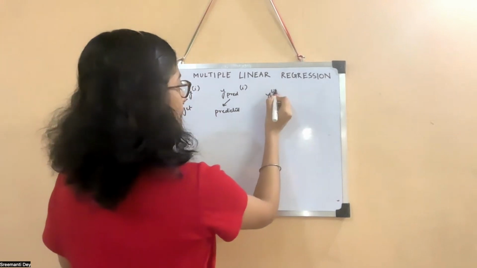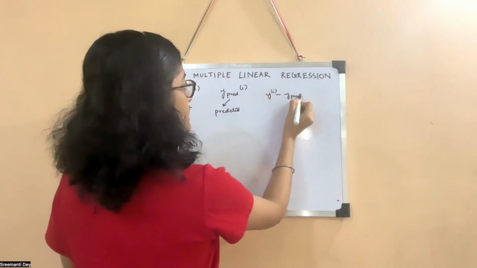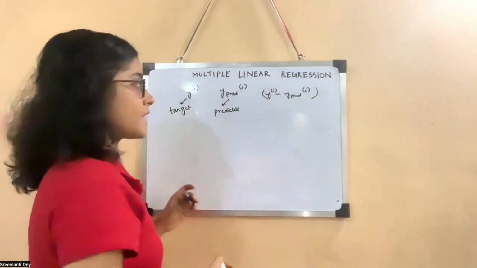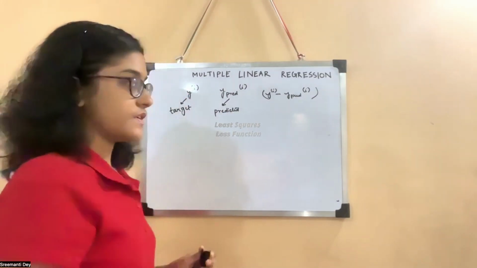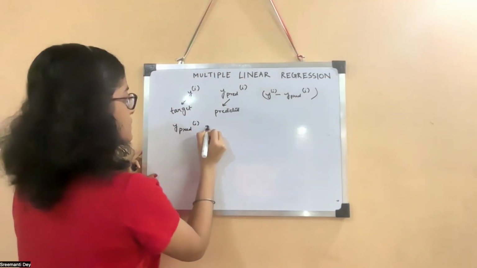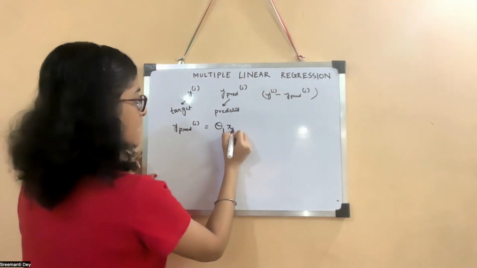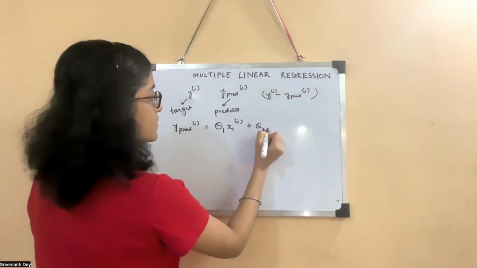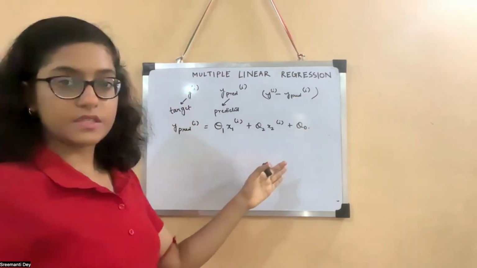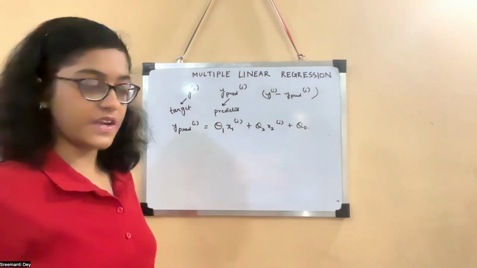So we know that yi minus y predicted i is our loss, and we are using the least squares loss function. Y predicted i is, as you just saw, theta 1 x1 i plus theta 2 x2 i plus theta 0. So this is my y predicted value.